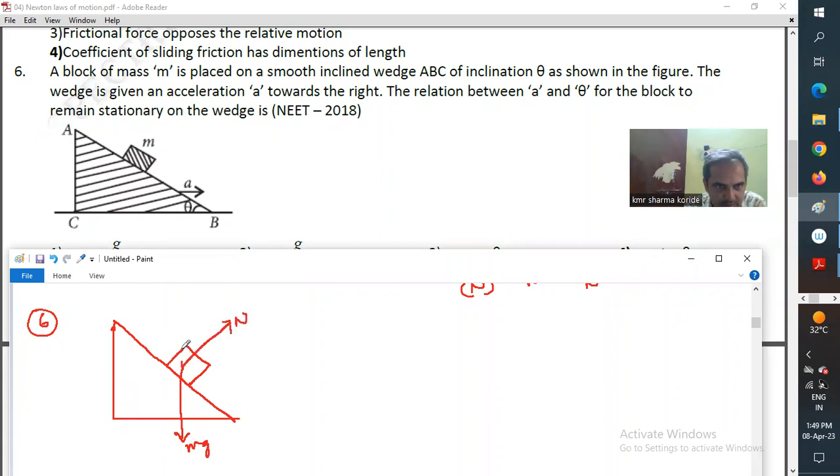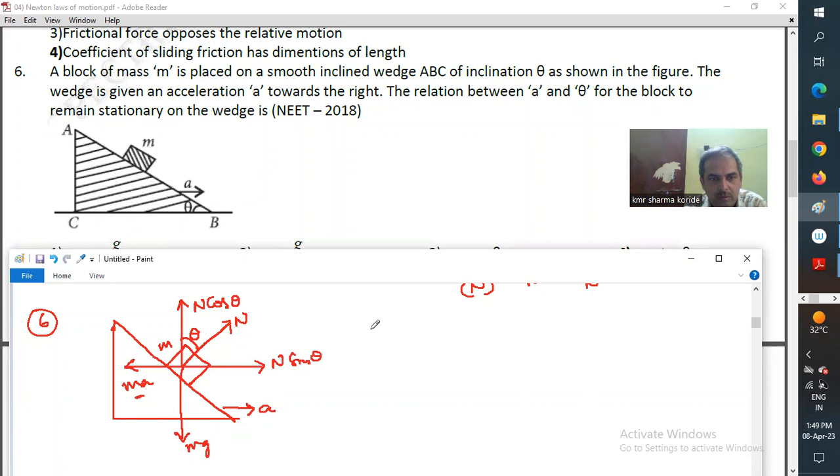With theta taken here, this is going to be N cos theta, and another component of the normal reaction is N sin theta. The wedge is given an acceleration here, so there will be a pseudo force on the block of mass M, which is Ma.